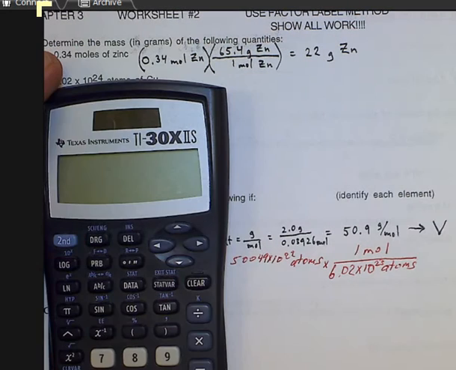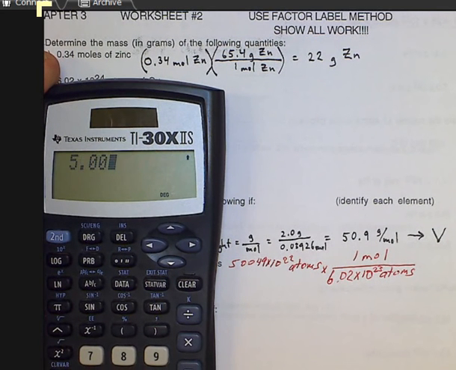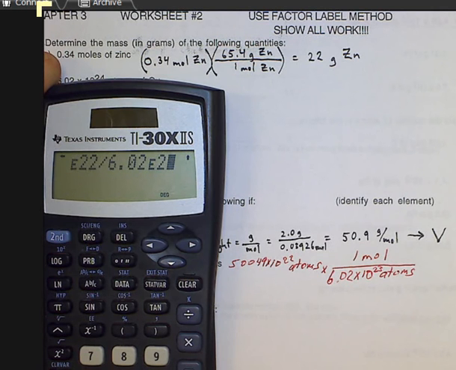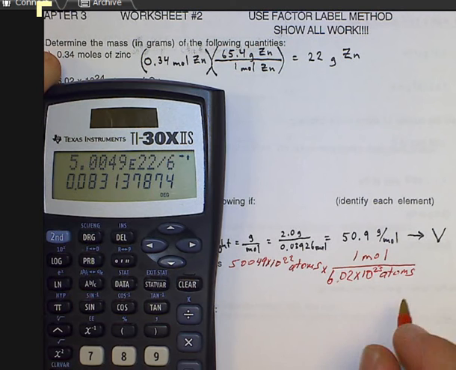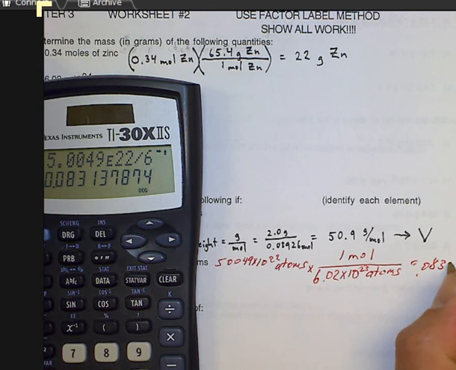So we're going to take this, we're going to type in 5.0049. Remember to use that exponential button for the scientific notation. Then we're dividing that by Avogadro's number to get 0.0831378 moles.